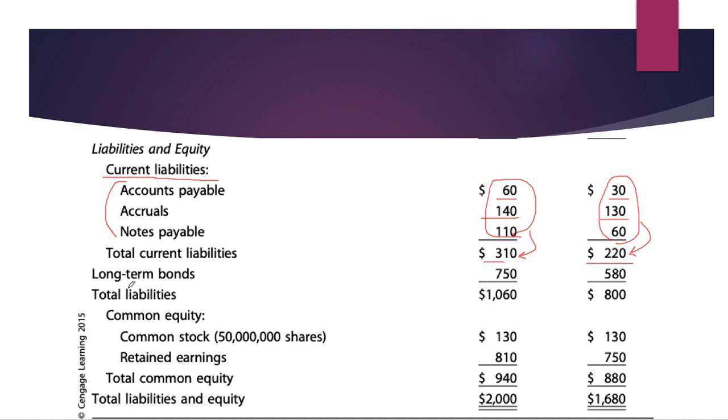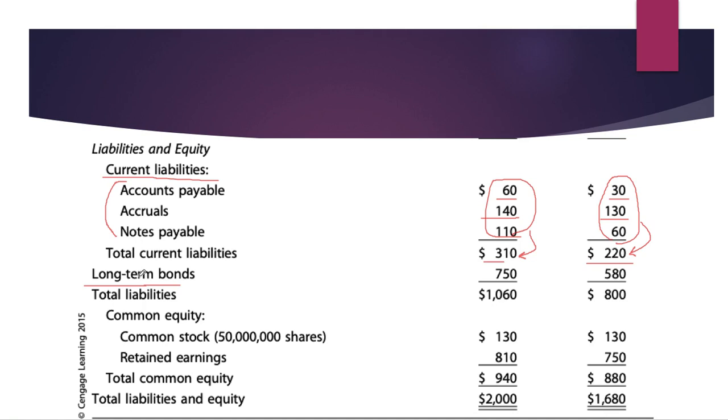And then you have long-term liabilities, for example, bonds. A bond is a long-term liability. I mean, not necessarily every company must have this. Some companies maybe don't issue the bond, so they will not have this item, but they might have another long-term credit, for example. So this is just an example balance sheet, okay?